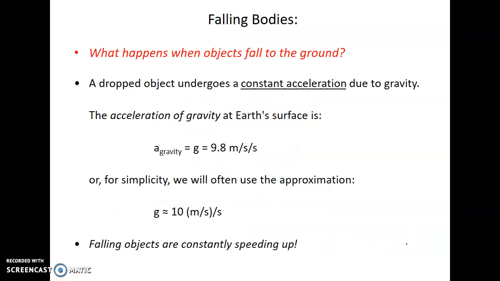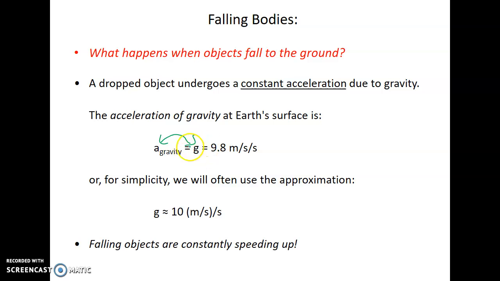Okay, so what happens when objects fall to the ground? The object undergoes constant acceleration downward due to gravity. The acceleration of gravity at the Earth's surface is, we're going to be using A and G interchangeably here, because G is the only acceleration we're using. So most of the things I'm going to say about acceleration is true no matter what kind of acceleration you have, as long as it's a constant continuous acceleration.